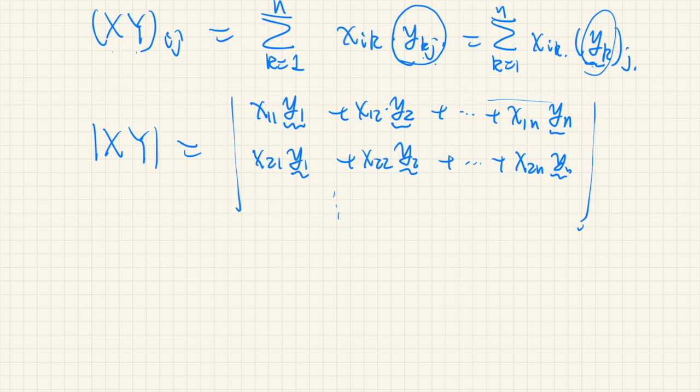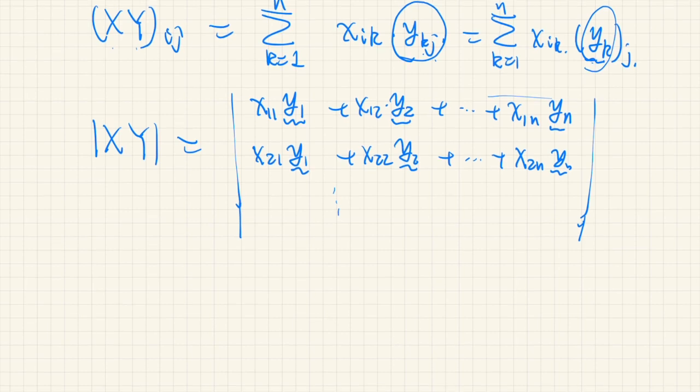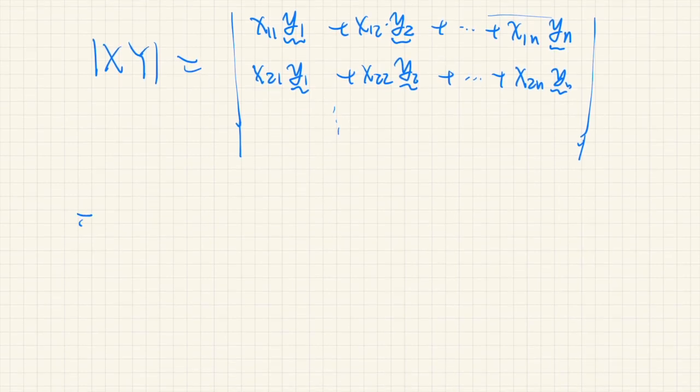Again, using the linearity of determinants, this can be expanded into a sum, a kind of linear combination of determinants.